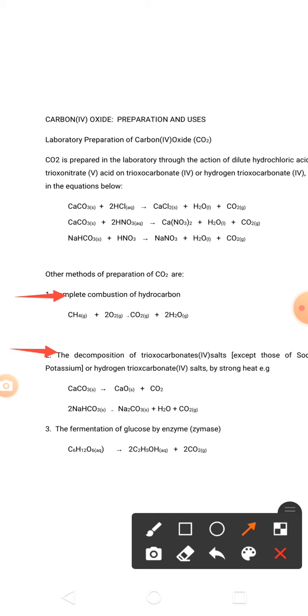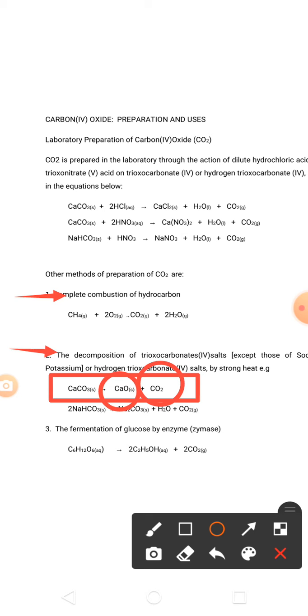When calcium carbonate decomposes, it gives you calcium oxide, or quicklime, and carbon dioxide. So all trioxocarbonate 4 salts will decompose to give you carbon dioxide.